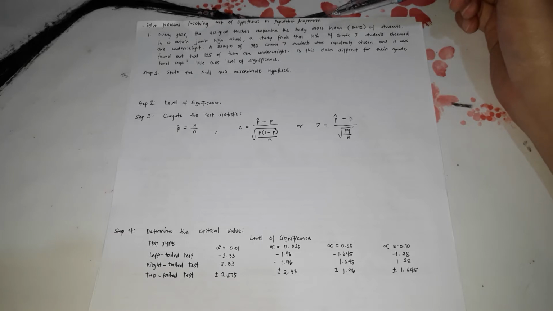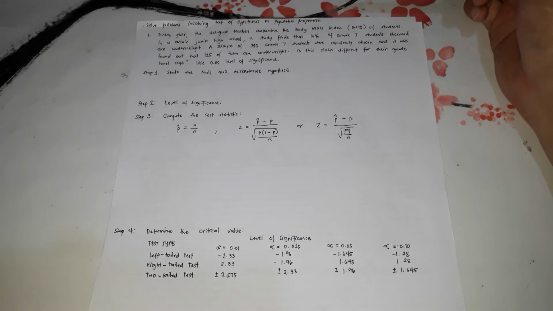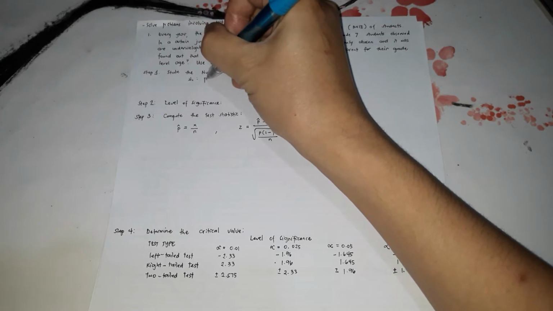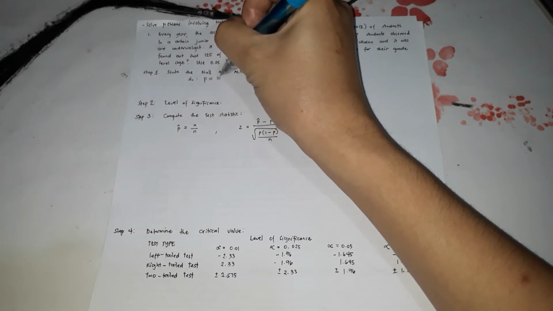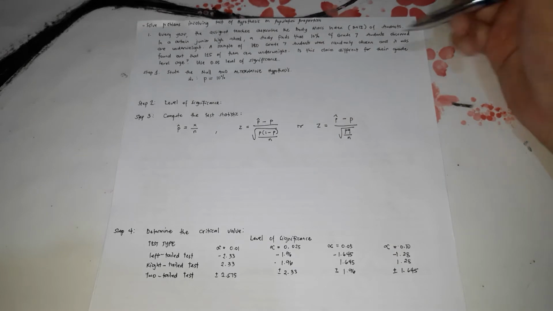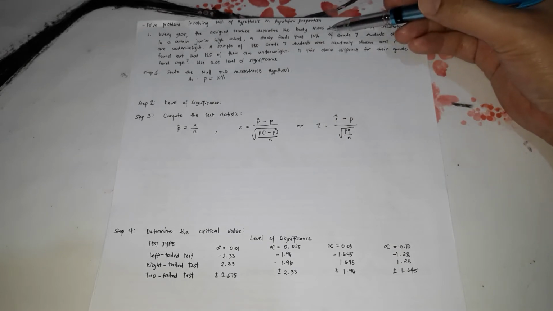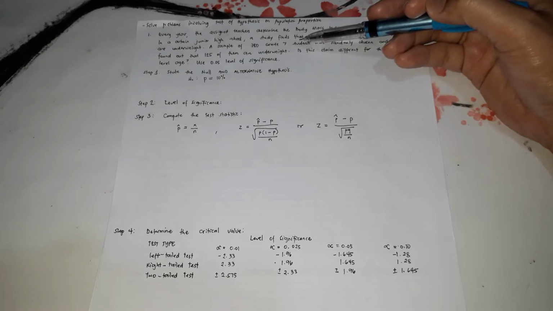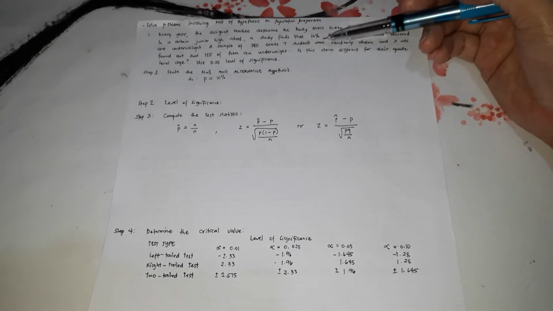The first thing we're going to do, step 1, is state the null and the alternative hypothesis. The null hypothesis is P is equal to 10%. It means that there's no difference between the 10% and the sample from the new study.